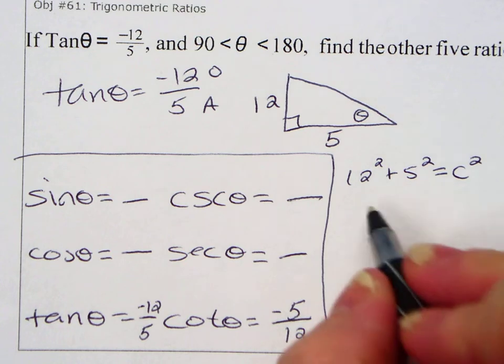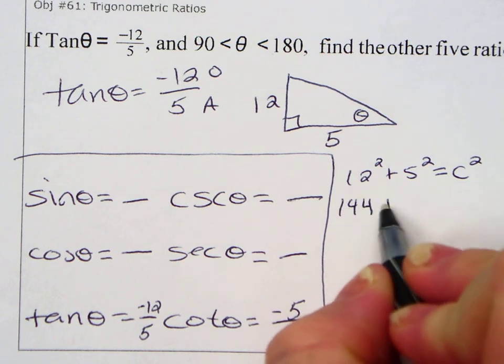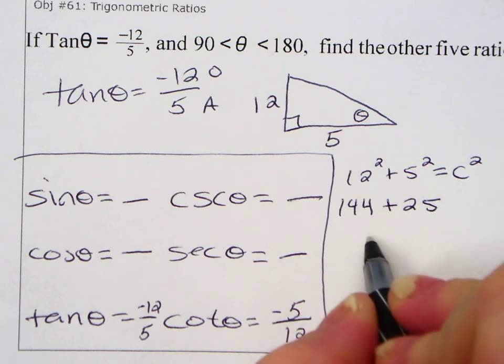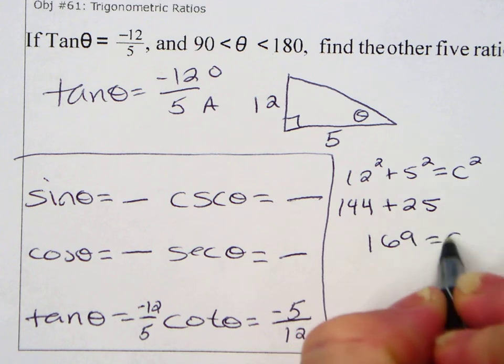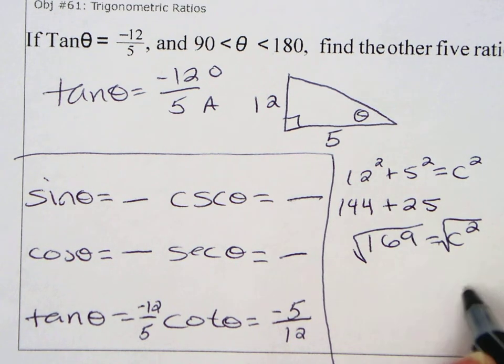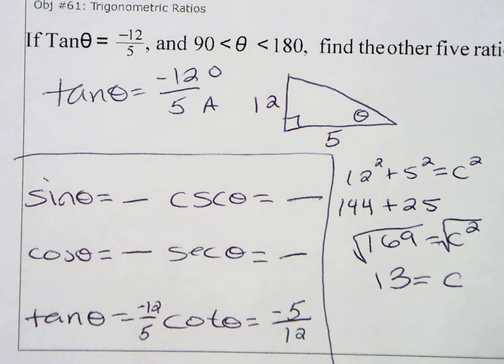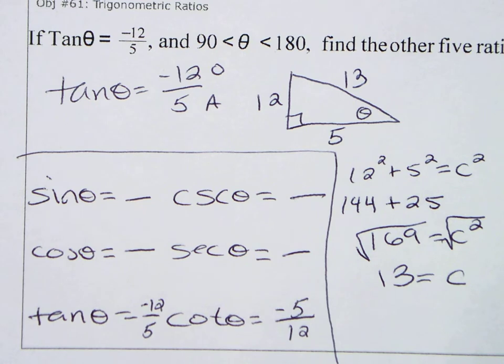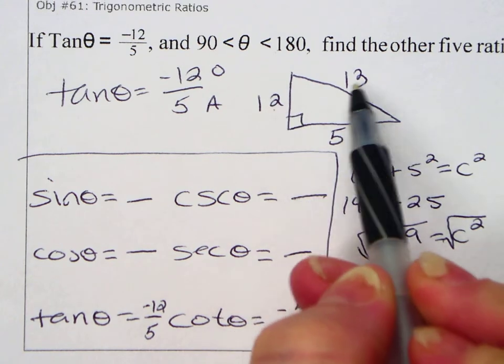We're missing hypotenuse. 144 plus 25 is 169. Take the square root. And c is 13. Ooh, sorry. All right, so now we're going to fill in the other 4 that we're missing. Sine is opposite over hypotenuse.